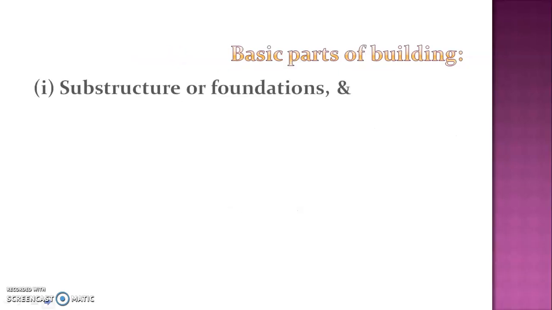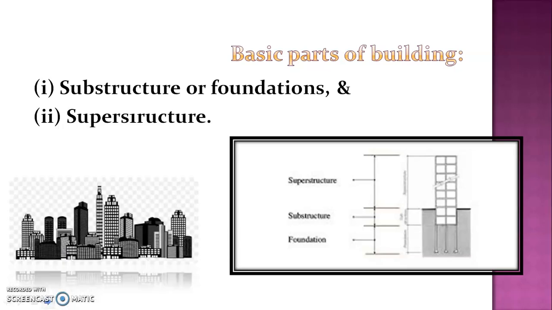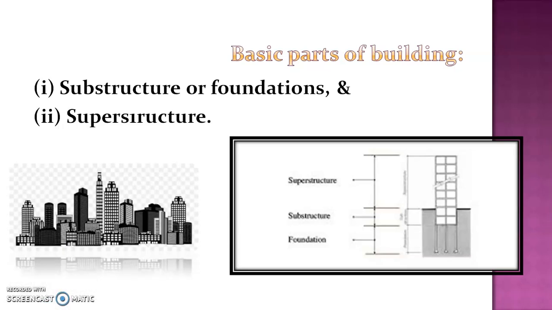So, basic parts of a building. The building is generally divided into two parts. One is called substructure and the second is called superstructure. Substructure is the part of a building which generally lies below the ground level, while superstructure is the part which lies above the ground level.